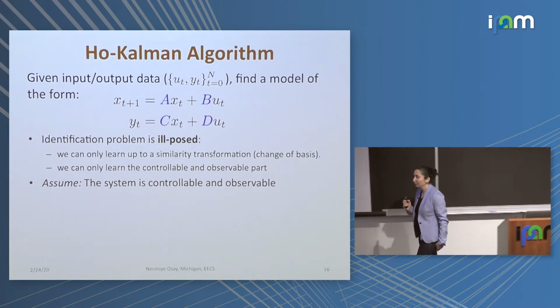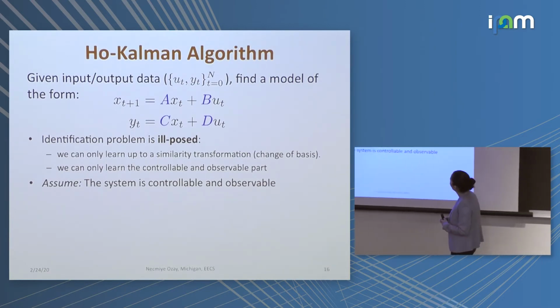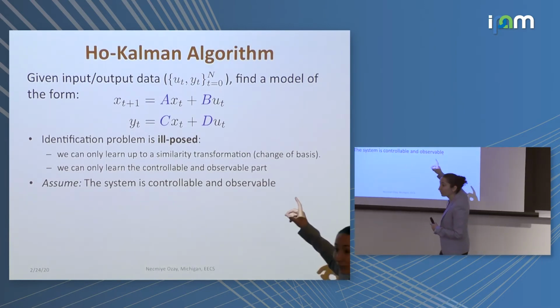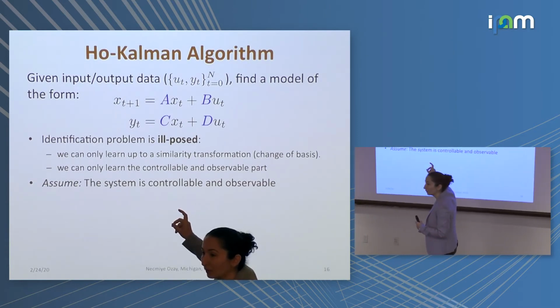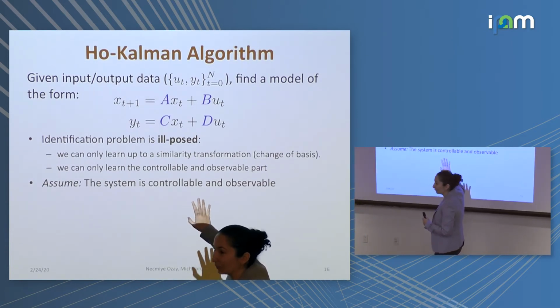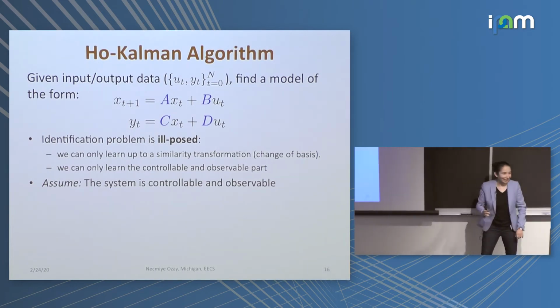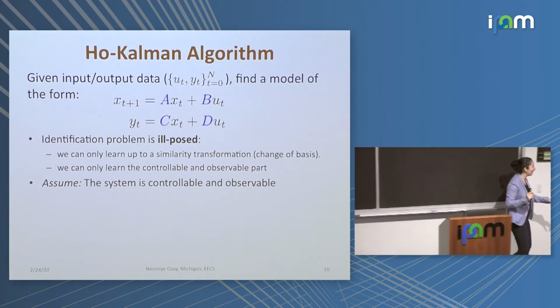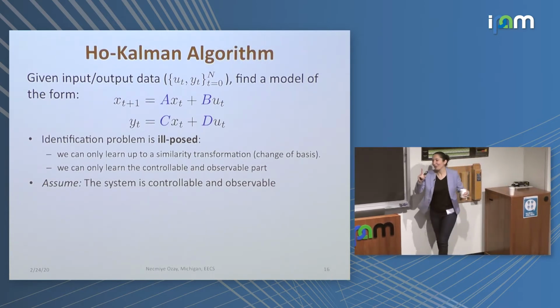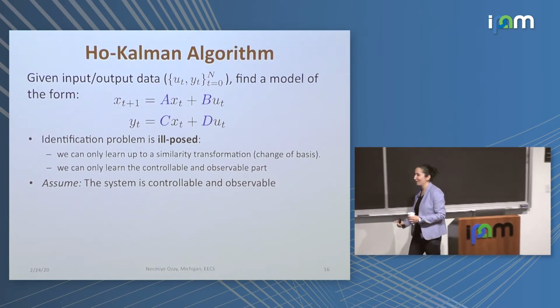In the last equation, the noise is gone? Yeah, like previously we had w_t and v_t. So the noise is gone for now. It will come back. Actually, if you go to the original Ho-Kalman paper, there is no noise.